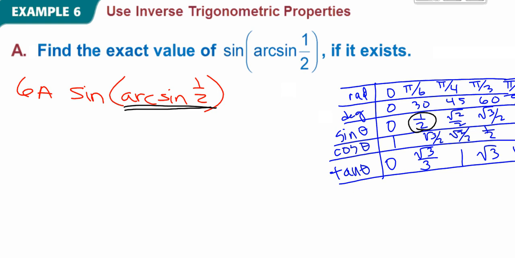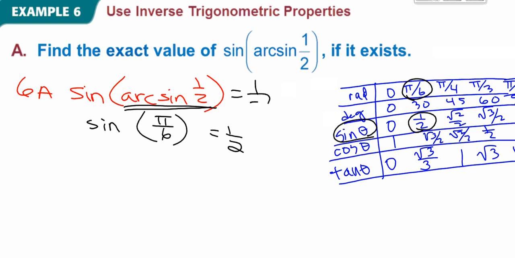It's pi over 6. All roads lead to pi over 6 evidently right now. So the arc sine of 1/2 is pi over 6. Then I'm just finding the sine of pi over 6. What's the sine of pi over 6? 1/2. So it falls into this category: the sine of the arc sine of 1/2 is 1/2.